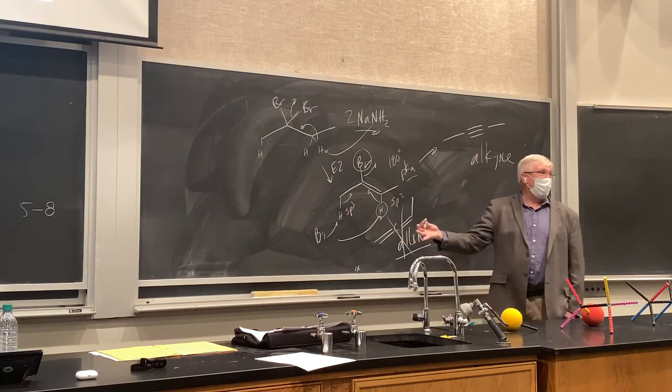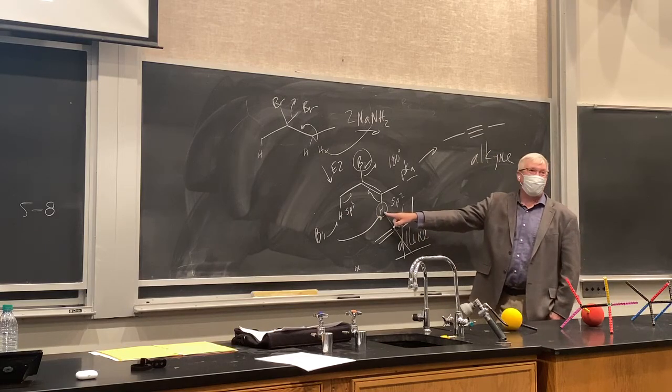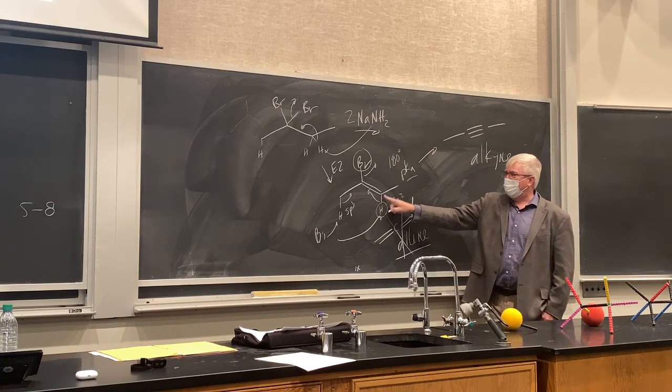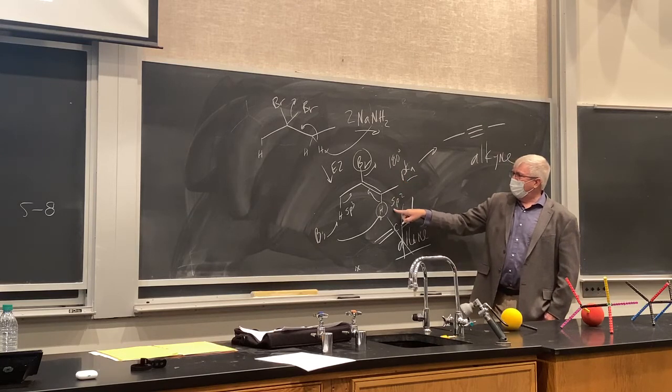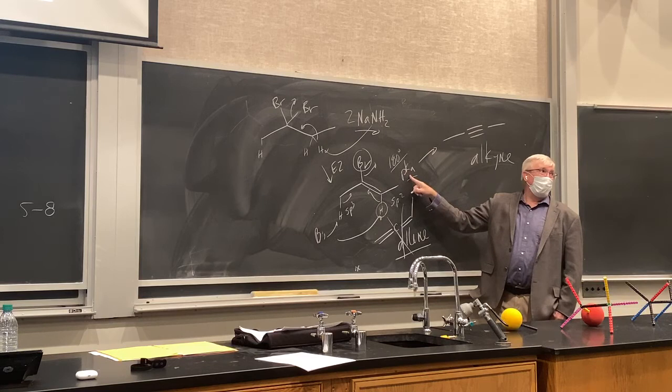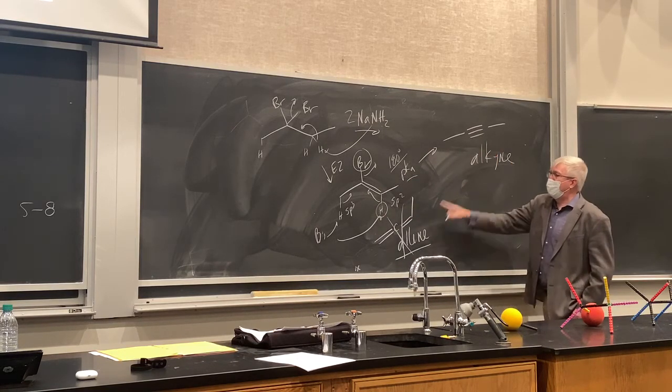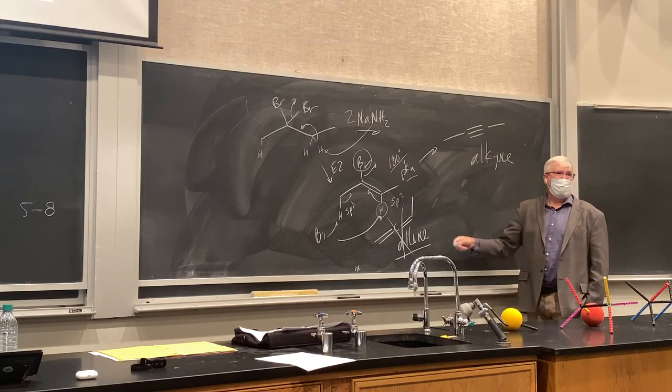So which one's more acidic? It's this one, okay? Even though it has a stronger bond by bond dissociation energy, which is a homolytic thing reflecting the radical stability. Here we're using a base, so it's locked at 180, and the pKa is a little bit lower. So that's why we favor here and give the alkyne and not the allene, okay?